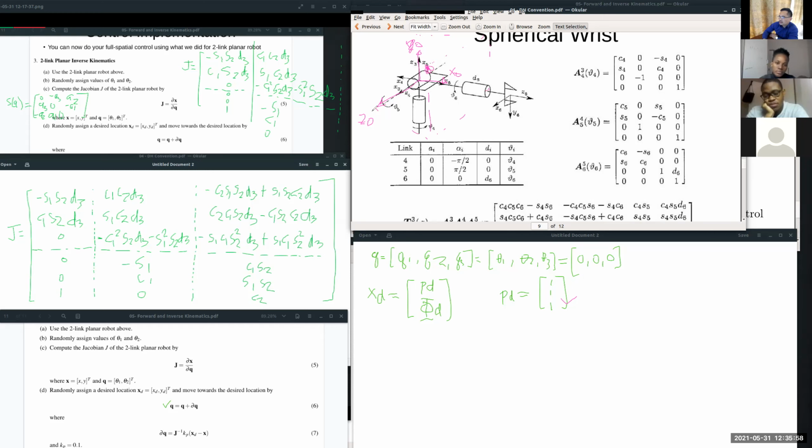That's 1, 1, 1. That's where we want our end effector to be. That is, the hand of the robot will move there.